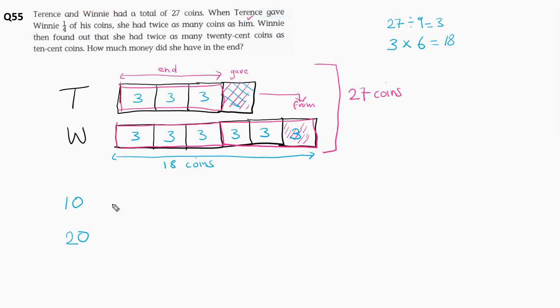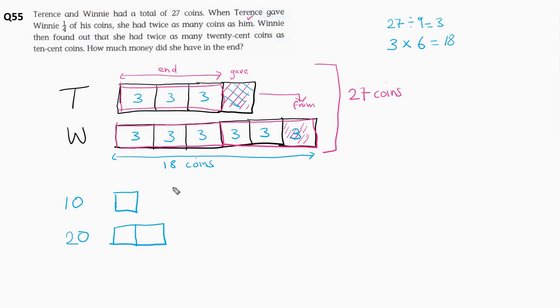She has twice as many 20-cent as 10-cent. So if this represents the number of 10-cent coins, this is the number of 20-cent coins.